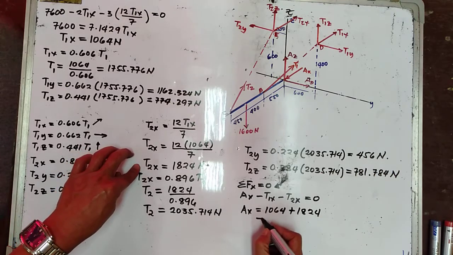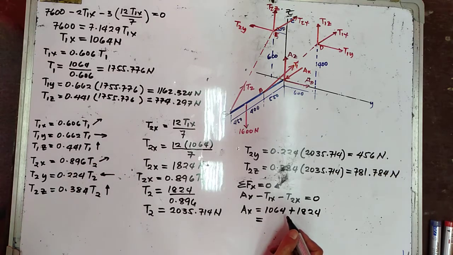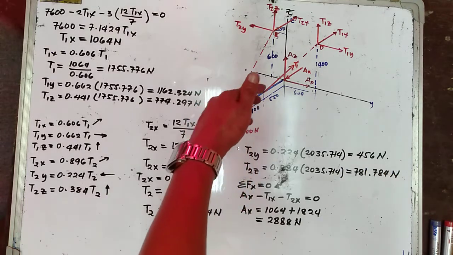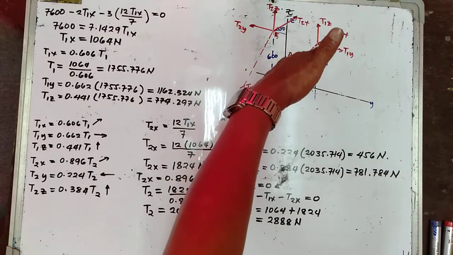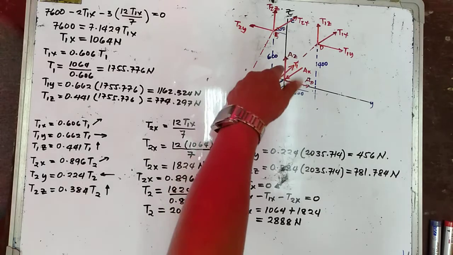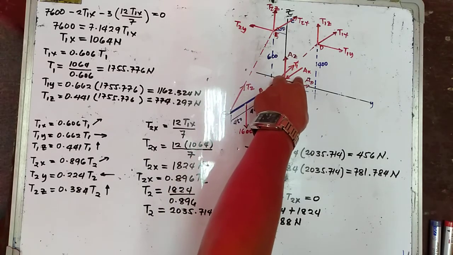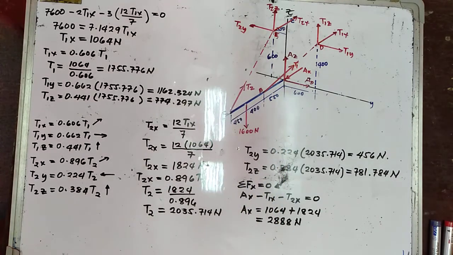So your AX in here is now equal to 2888 newtons. So that is the component in the direction of x of the ball and socket at point A.